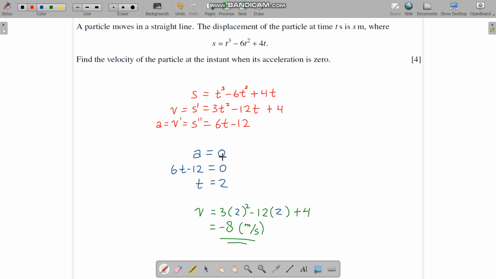So a is 0, but a is 60 minus 12. We can find t. So when the time equals 2, we need to find the velocity. We can just differentiate, we get the velocity function, 3t squared minus 12t plus 4. Plug in the t value, we get the velocity when the acceleration is 0.